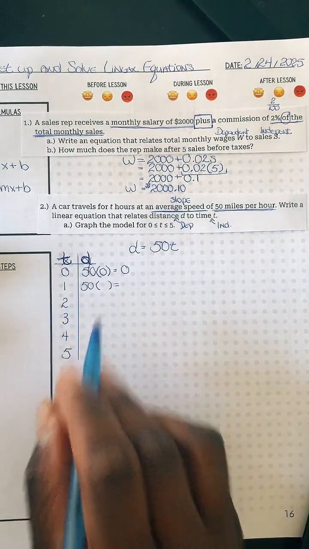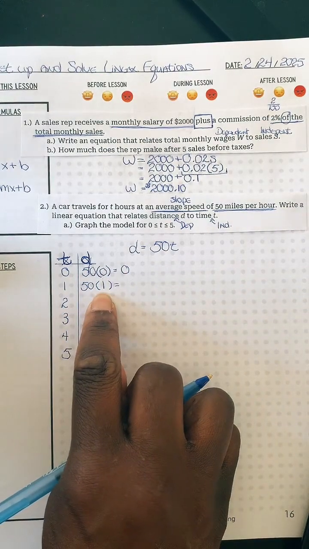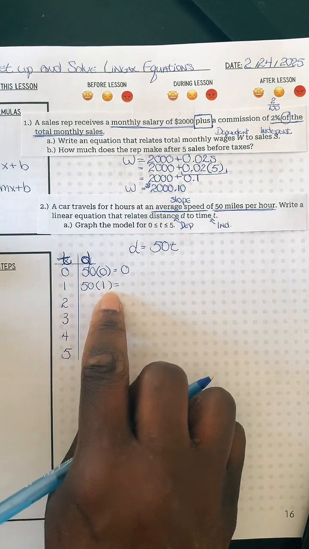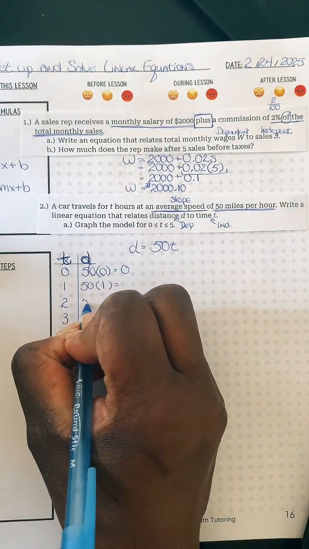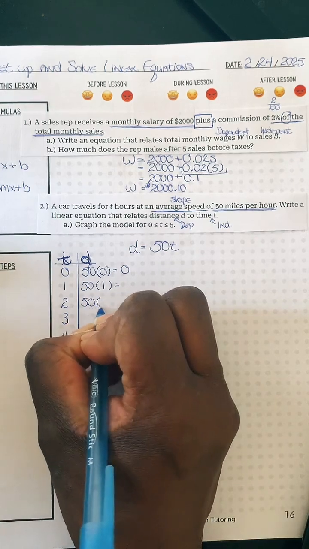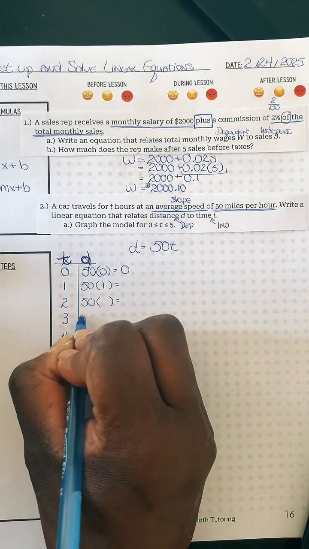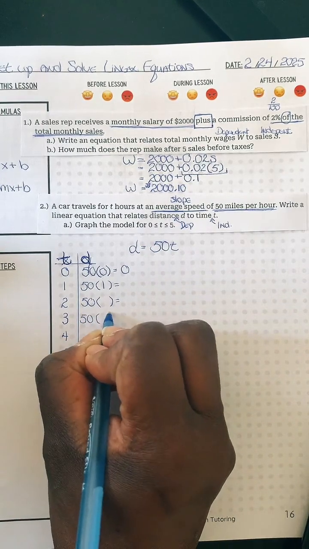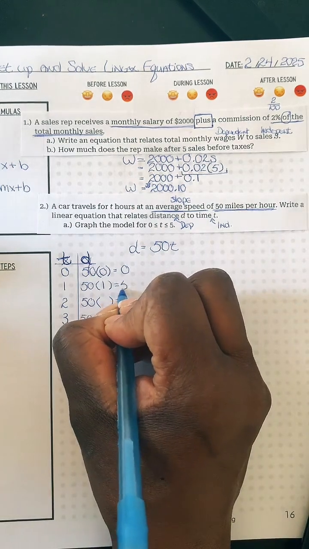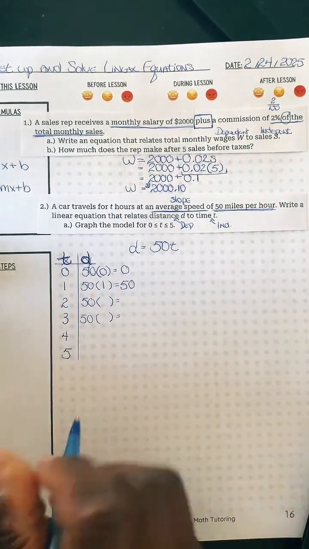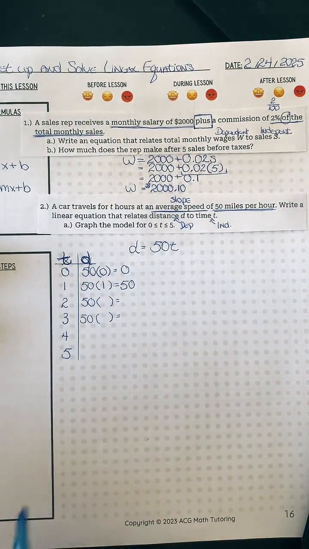We're going to do the same for the next one, but this time we're plugging in 1 for my time. So 50 times 1 gives me 50.